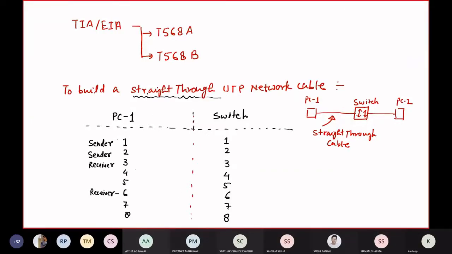So this was the configuration in the case of your PC.